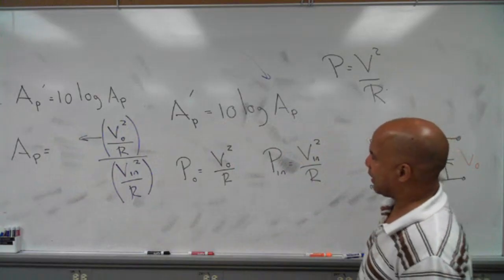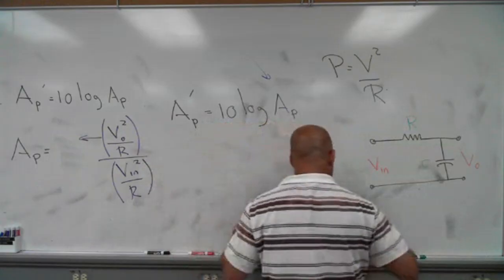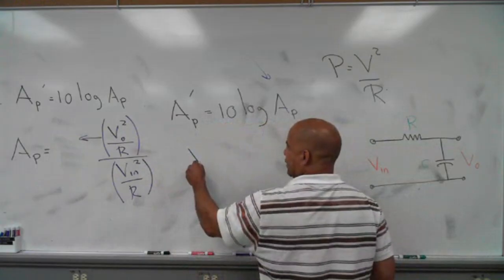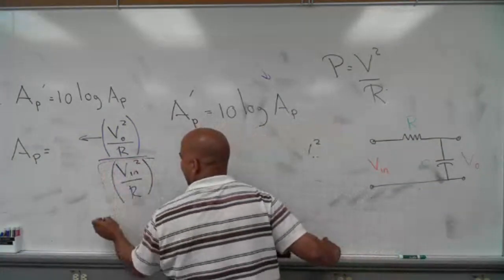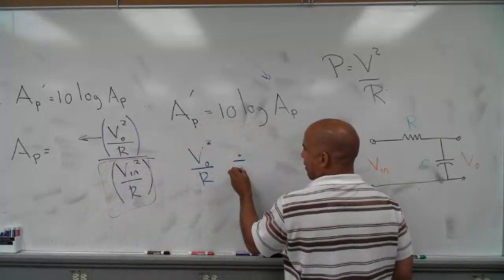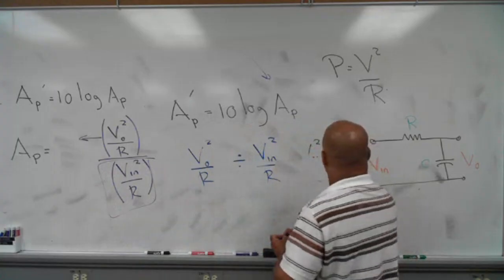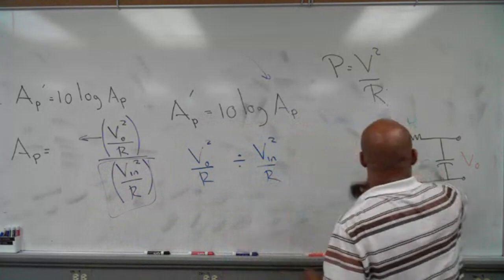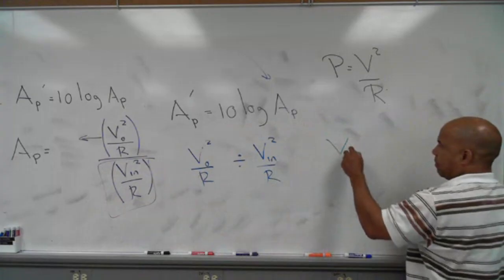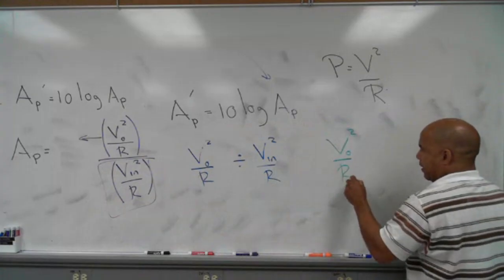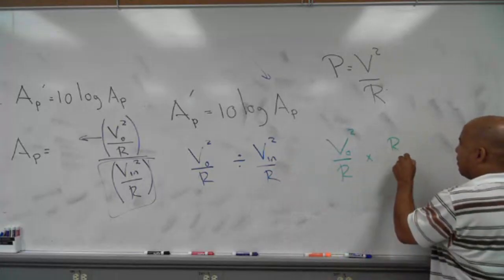But if you look at this, look at what I have over here. I have the top fraction, V out squared over R, divided by the bottom fraction, V in squared over R. And you remember when you divide fractions, you take the first one, you change that to multiplication, and you flip that one over.